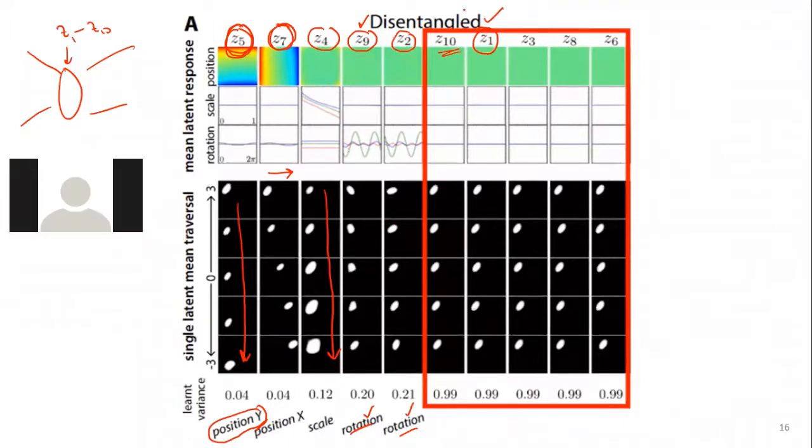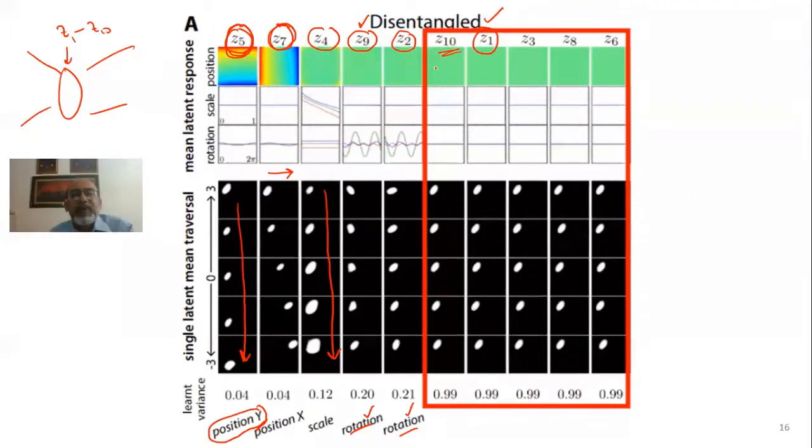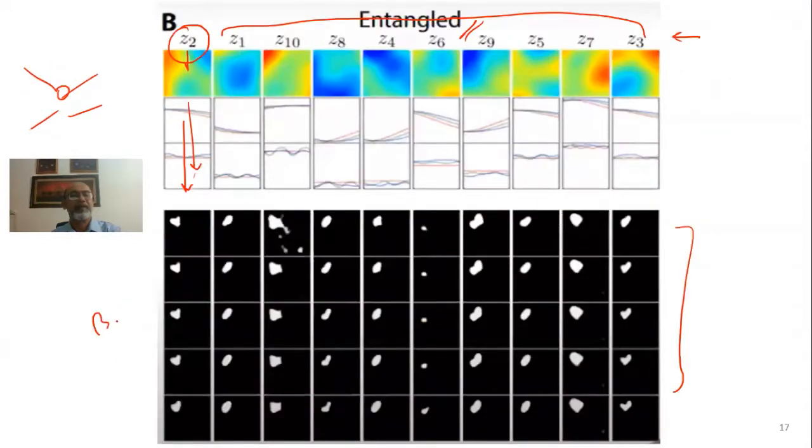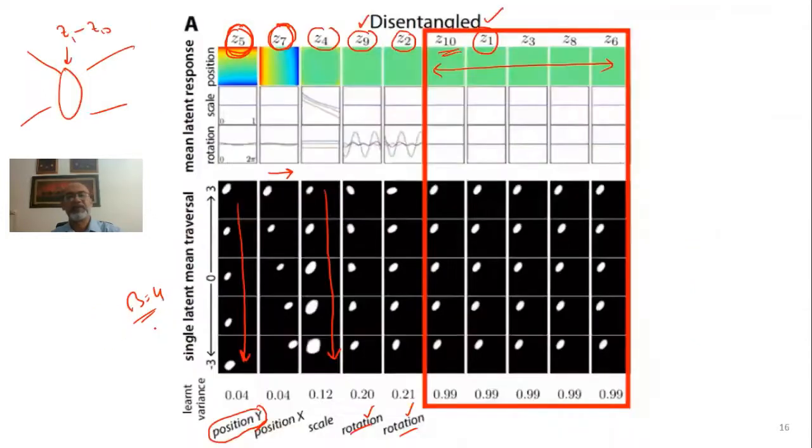Okay. So what we've seen is that now the rest of these variables are not being used. Why? Because in the loss equation, we had a parameter, in this particular case, beta is equal to 4. And in the entangled version, beta is equal to 0. Okay. So in the disentangled version, what we're seeing is that it is uniquely capturing 4 neurons.